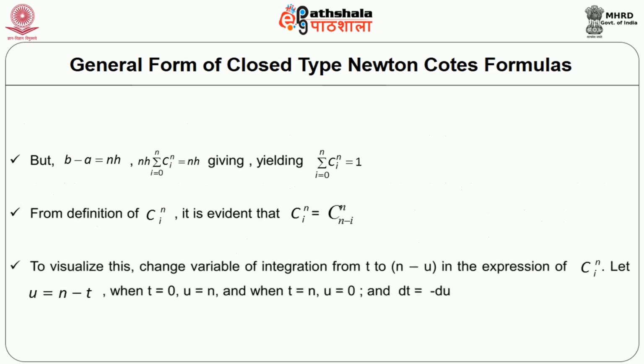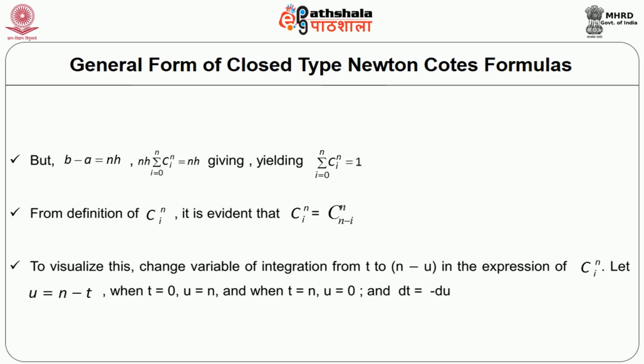So if we compare both sides, the left side is b minus a and the right side is nh times the summation i equal to 0 to n of NCi, since yi's are 1. b minus a is nh, it cancels on both sides, and so we get the summation of NCi's is 1. So the sum of the Newton-Cotes coefficients is always 1, and we can use this to get easy calculations.